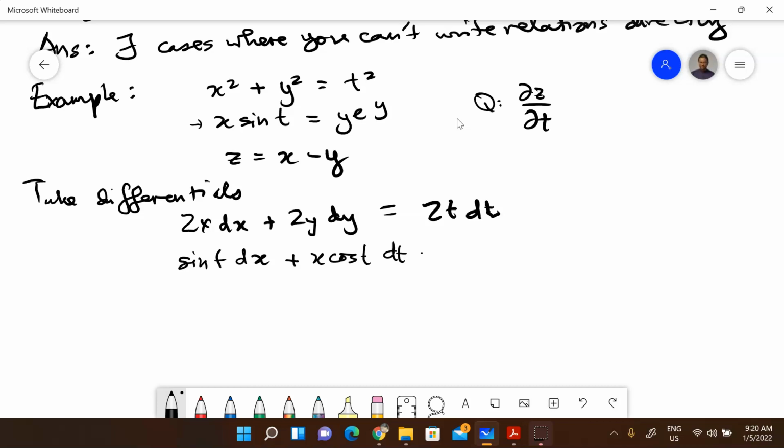And then on the other side of the equation is everything in terms of y, so I would have e^y plus y e^y dy.